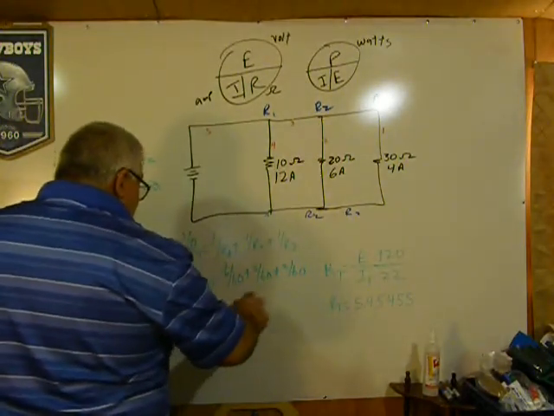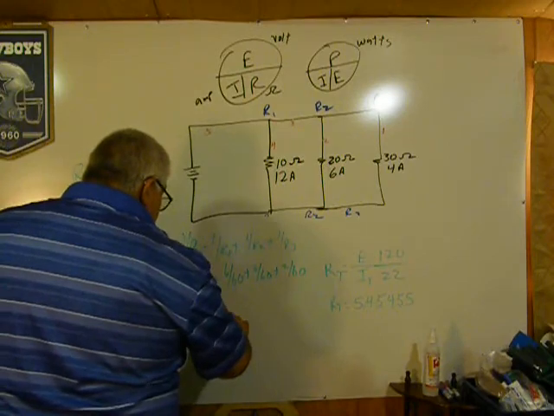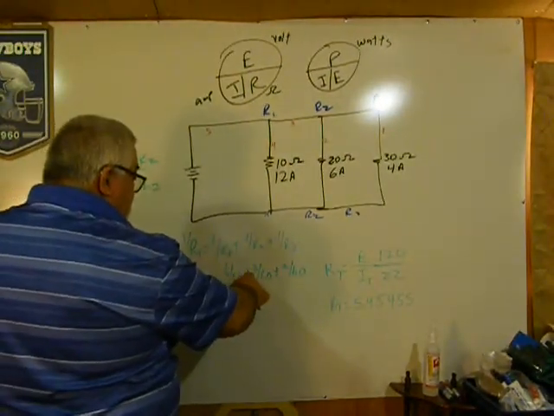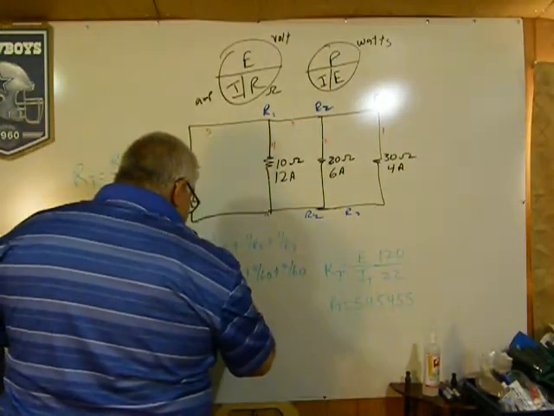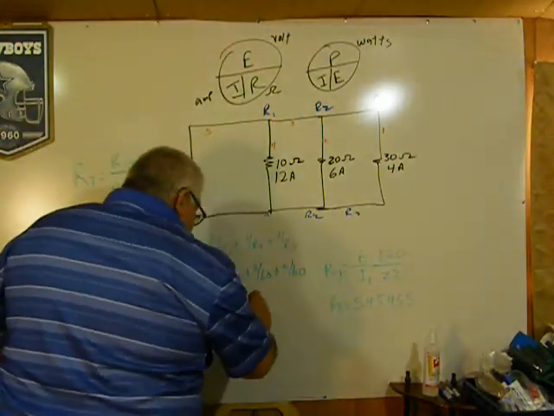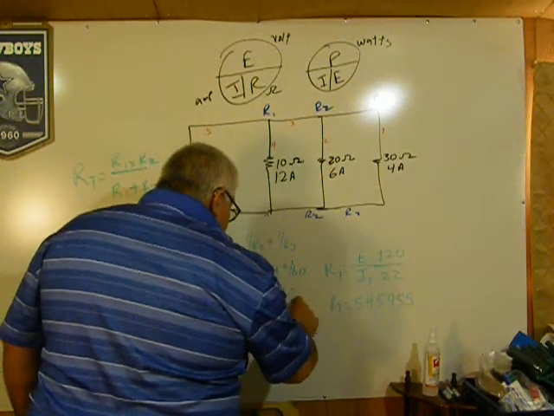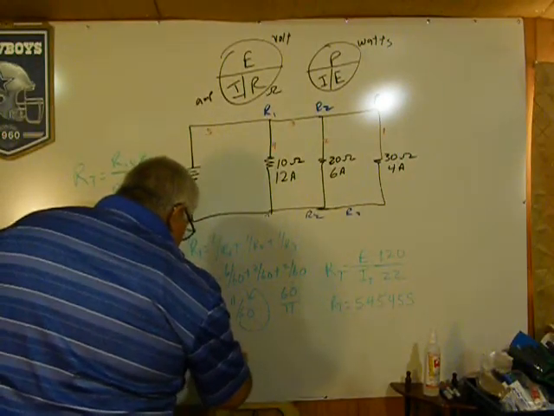So now all we have to do is add. 1 over RT equals 11 over 60. Okay, so 6 and 3 is 9, and 2 is 11. Again, it was a reciprocal, so we have to flip it back. So we're going to have 60 divided by 11. RT equals.